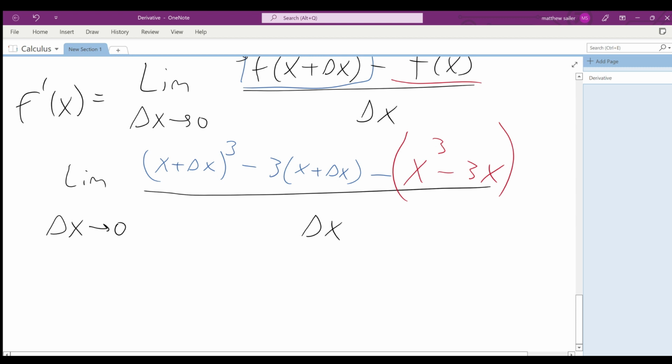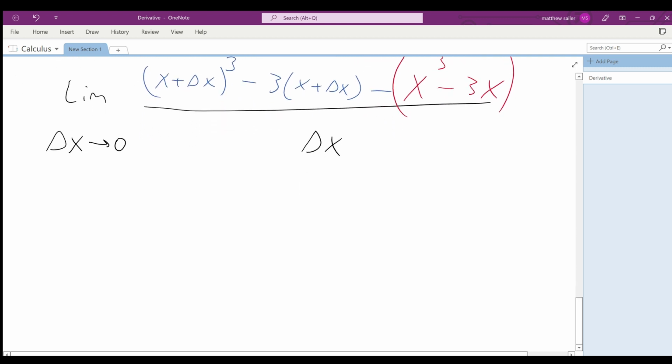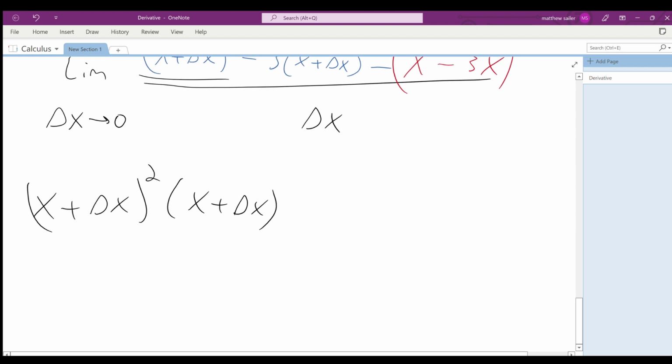And this is where it starts becoming a pain, because this is going to be a lot of algebra to expand and cancel. But we're going to do it anyway, because sometimes life sucks. Okay, so x plus delta x squared times x plus delta x. First I am expanding this top piece here, and we're going to multiply it out.